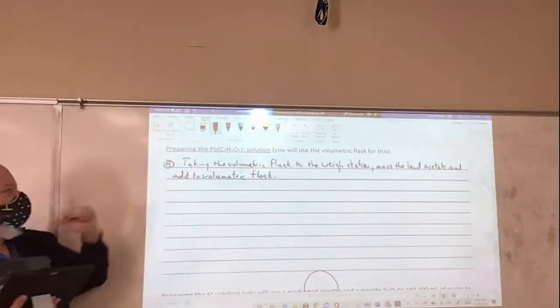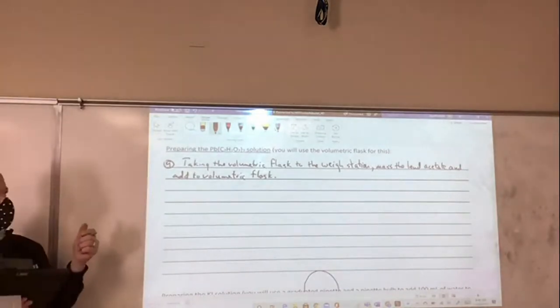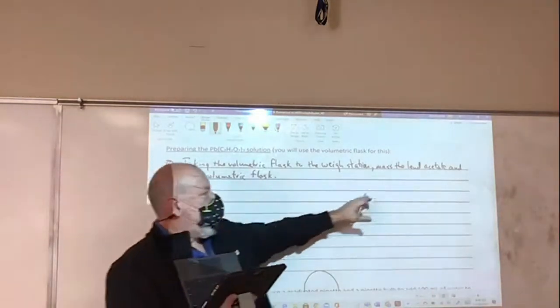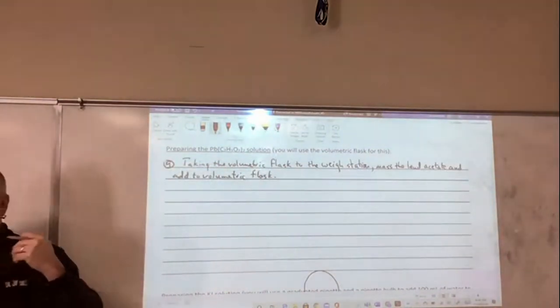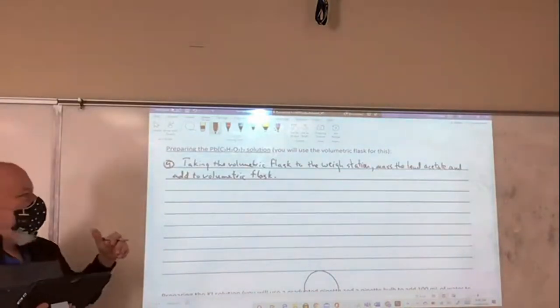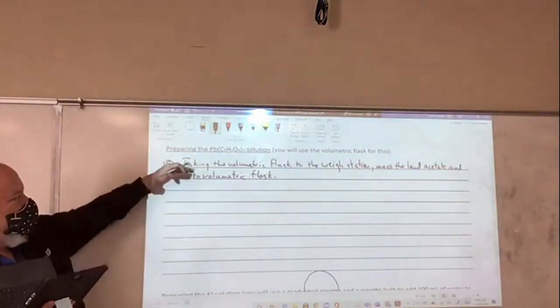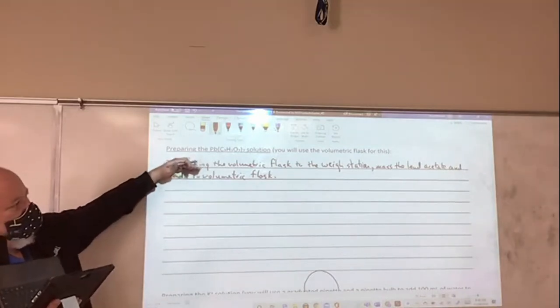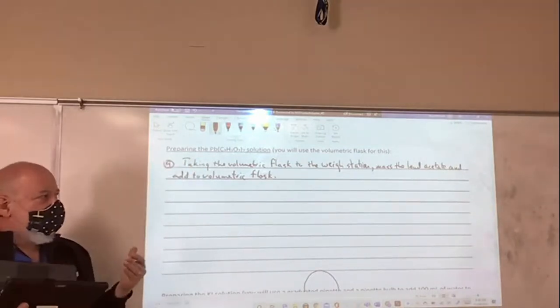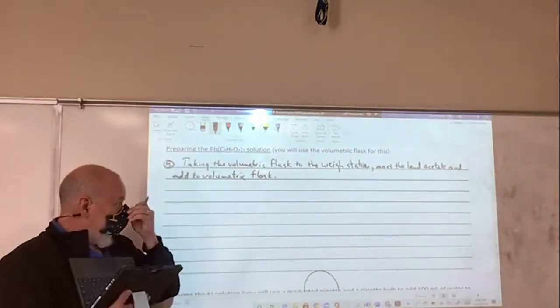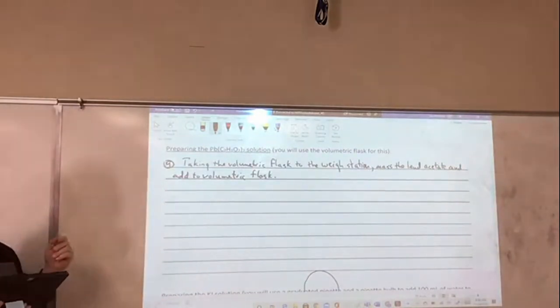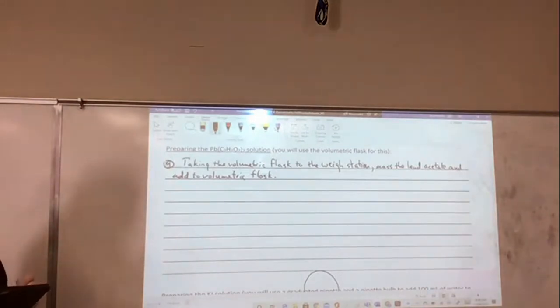You're going to assume that people know how to take the volumetric flask to the weigh station and add it to the volumetric flask. But here we want this kind of detail. So in a publication, you would probably just say mass the lead acetate using a volumetric flask or something like that, and leave out a lot of this extra detail. So: taking the volumetric flask to the weigh station, mass the lead acetate, and add to volumetric flask. 10.